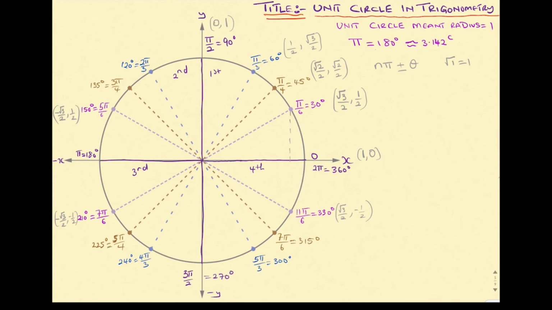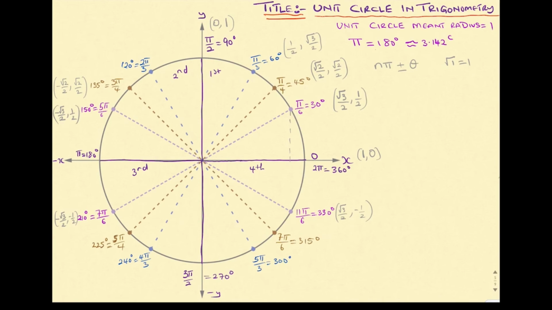So now let's try pi over 4 angles, which is 45 degrees. They are root 2 over 2, root 2 over 2. For the second quadrant, 135 degrees, that's negative for x, so it's going to be minus root 2 over 2, comma root 2 over 2. For 225 degrees, that's in the third quadrant, so all negative.